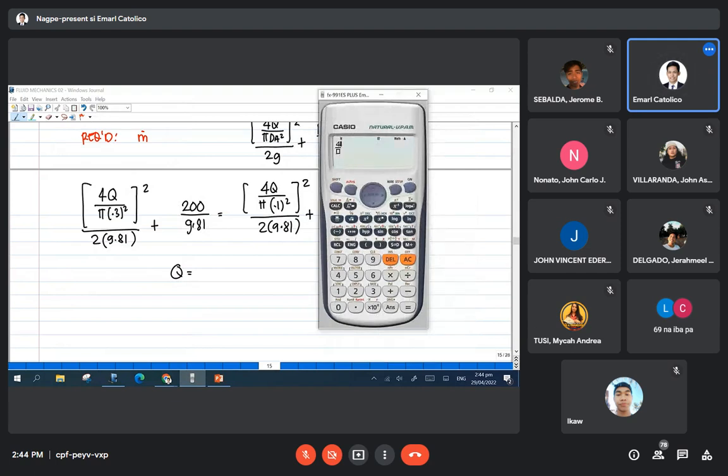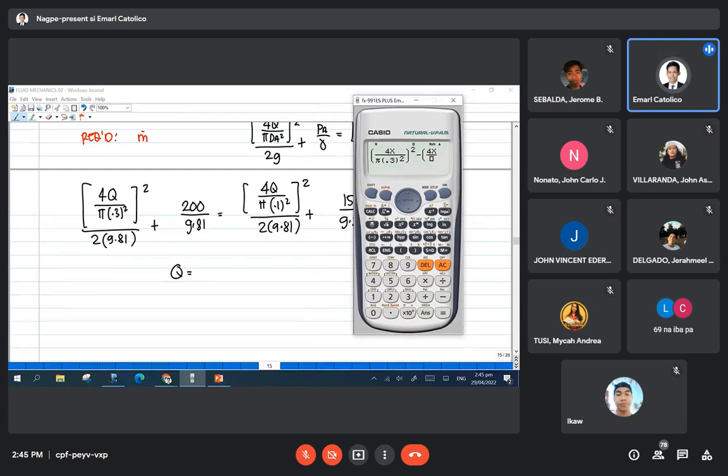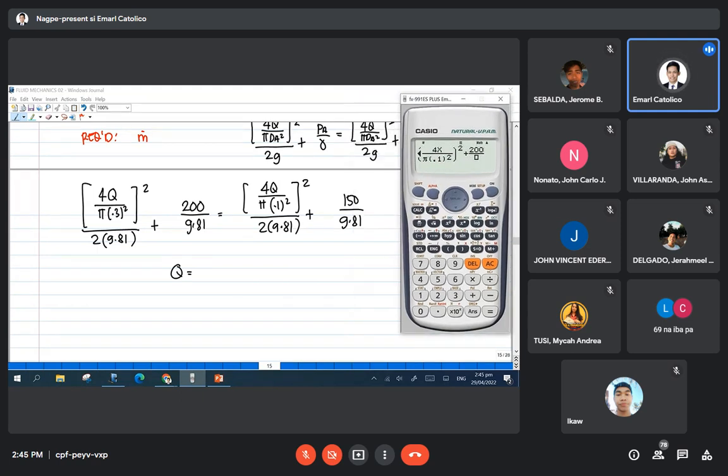So, 4 alpha x over pi 0.3 squared, then squared, minus 4 alpha x over pi times 0.1 squared plus 200 minus 150 divide 9.81 is equal to 0.